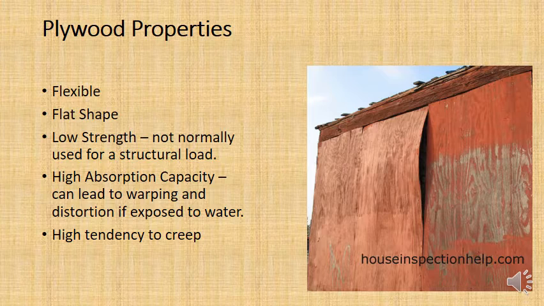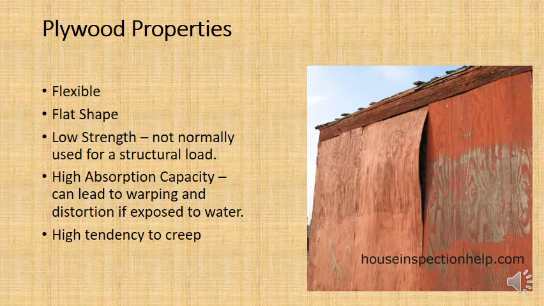Half the grain will be perpendicular to the loading, half will be parallel, and that halving reduces the strength of plywood. Because of that, you've got to be careful where you use plywood. You can't use it for a lot of structural loading. If there are very high structural loads, then plywood is not suitable, because it's low strength, not only in tensile but also flexural and compressive strength.